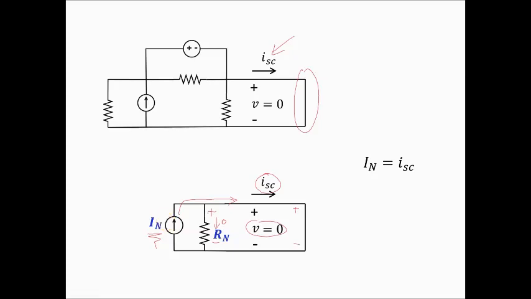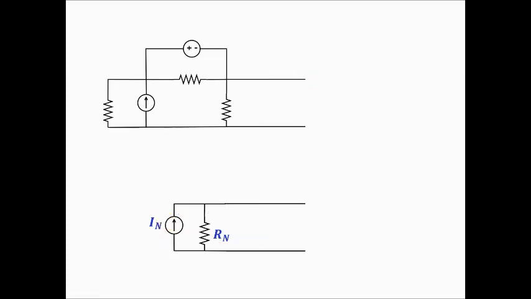And then finally, I can also look at the equivalent resistance seen between these two terminals. To calculate the equivalent resistance seen there, I basically need to set all independent sources equal to 0. That means that current sources become open circuits and voltage sources become short circuits. So that's what I'm doing here. And then I can look at what's the resistance that I see looking into that terminal.